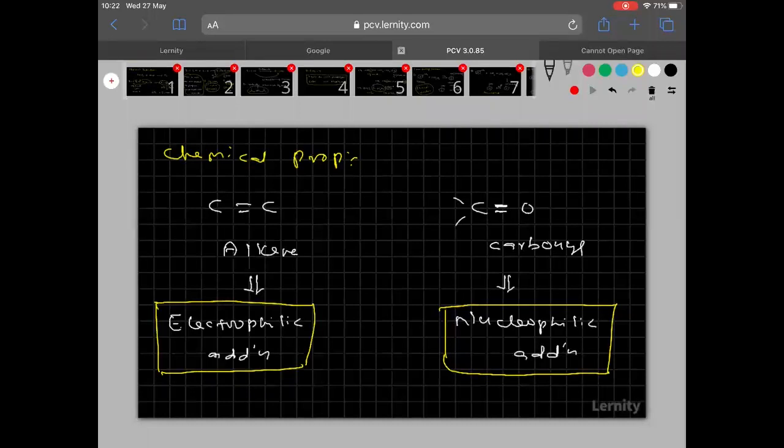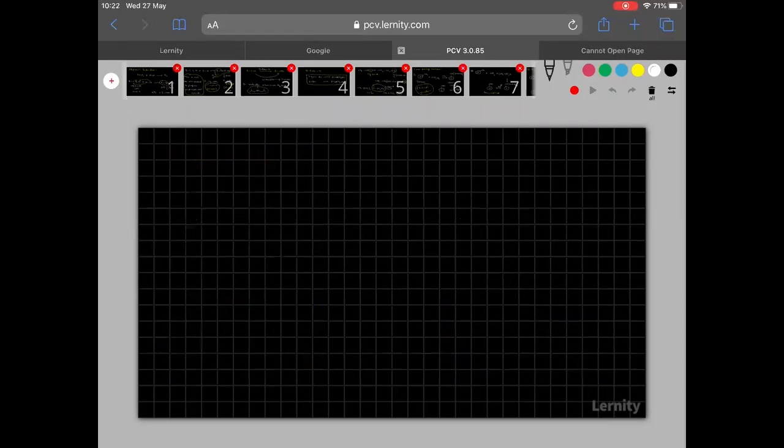So what is this nucleophilic addition that we have to see here? First copy this one clearly. Now, a double bond is present between carbon and oxygen, and oxygen is more electronegative.